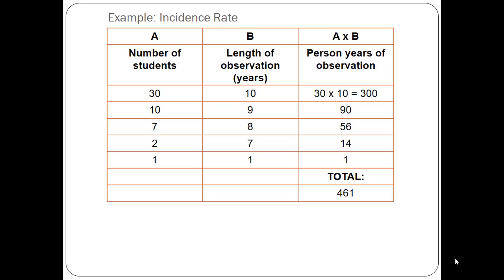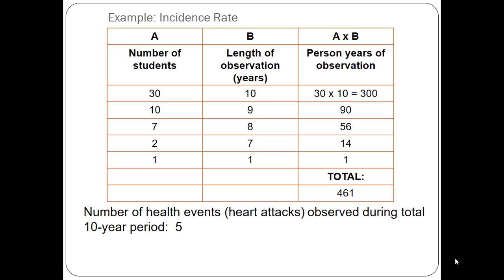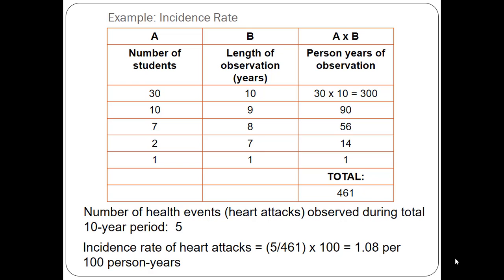If 5 heart attacks were observed during that period, the incidence rate of heart attacks would be 5 over 461 times 100, or 1.08 per 100 person years. For rare diseases, incident rates are usually reported in 100,000 person years.